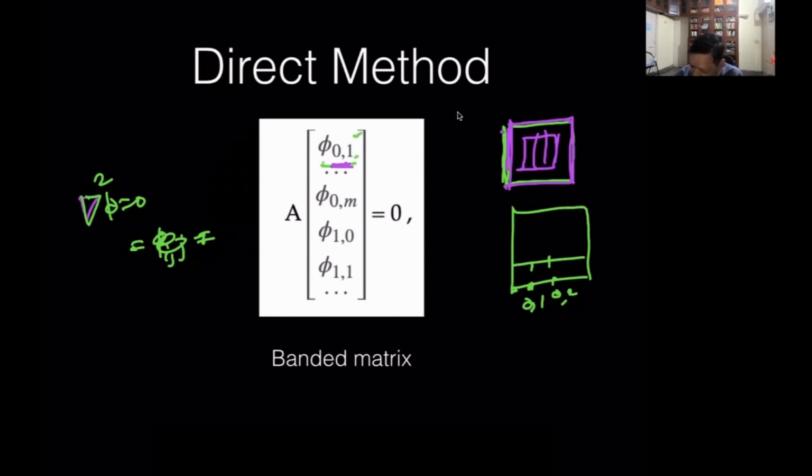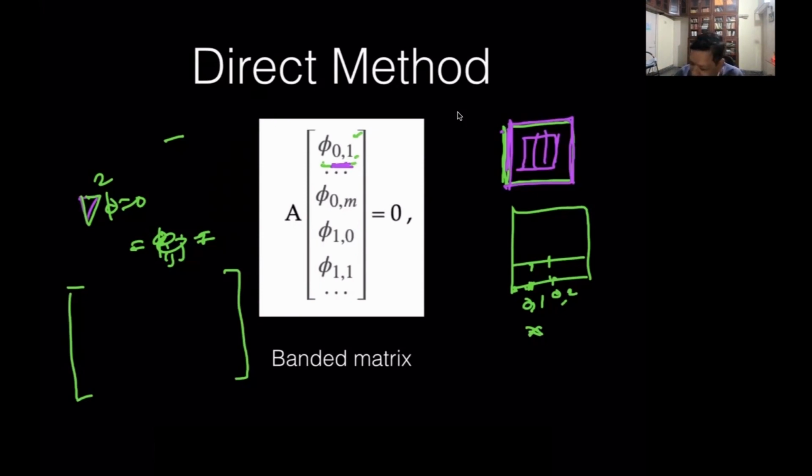So I make a vector, and A is a matrix. The equation for phi 0, 1 will involve phi 0, 0, phi 0, 2, and phi 1, 1. This point will not be there, because that point is outside the domain; that is basically 0.